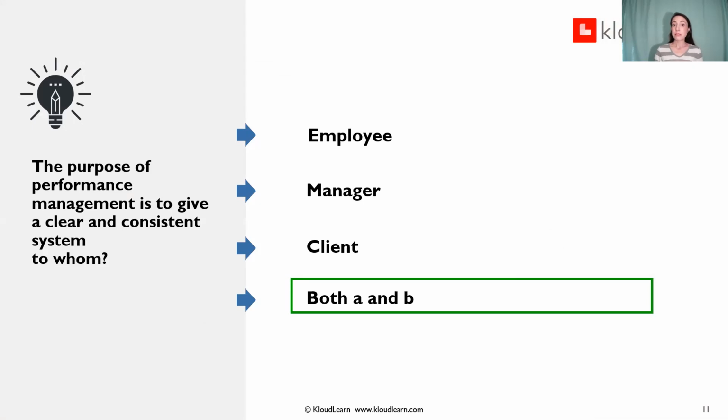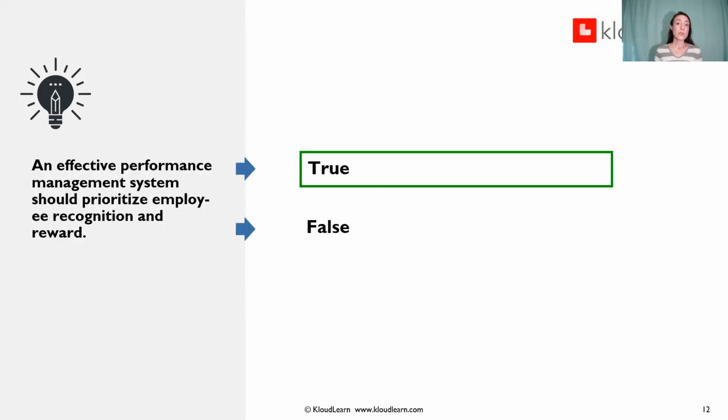The purpose of performance management is to give a clear and consistent system to whom? A, employee, B, manager, C, client, or D, both A and B? The answer is D, both A and B, the employee and the manager. True or false?